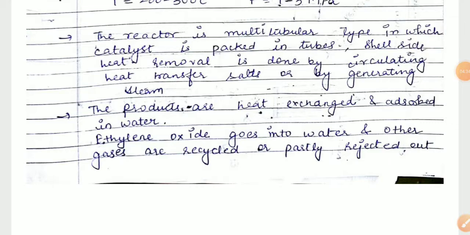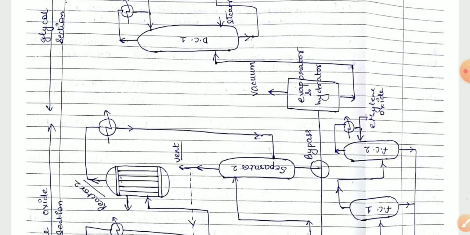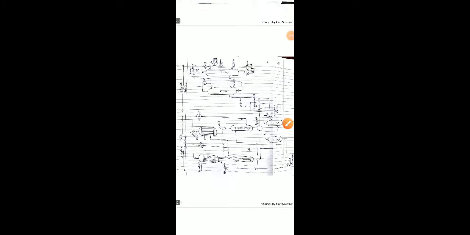Ethylene oxide goes into the water and other gases are recycled or partly rejected. Now let us see the main flow diagram.